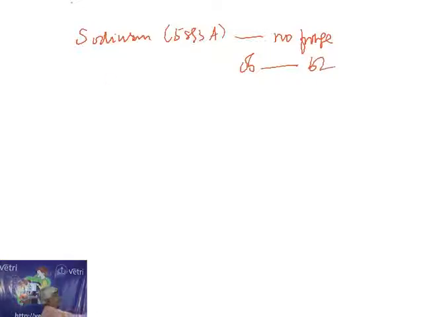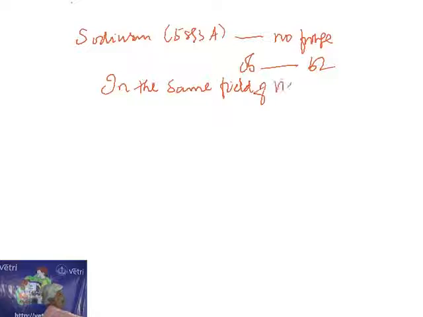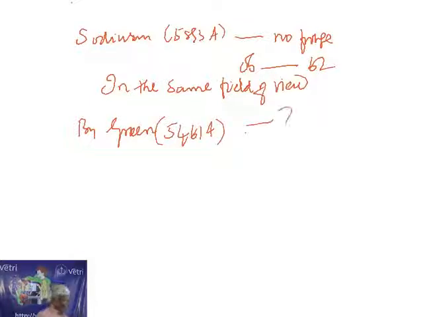The problem says that in the same field of view, instead of sodium, the source is replaced by green light, that means white light used with a green filter, 5461 angstrom. What happened to the fringes?